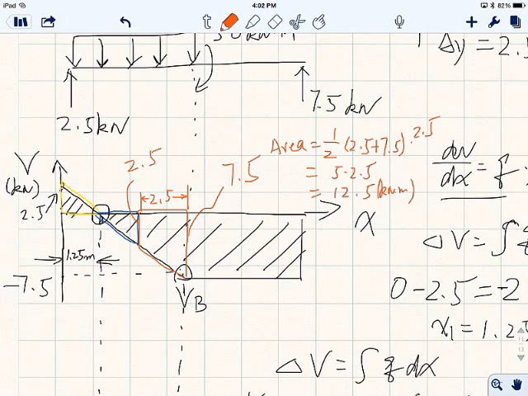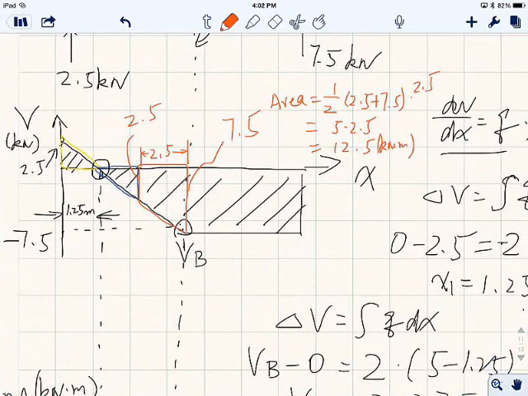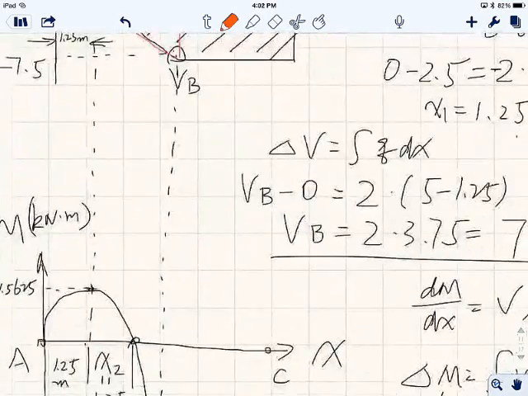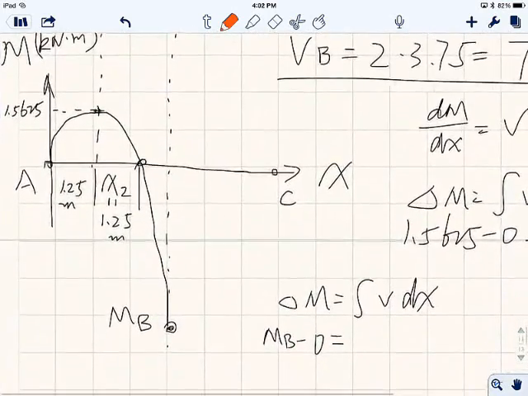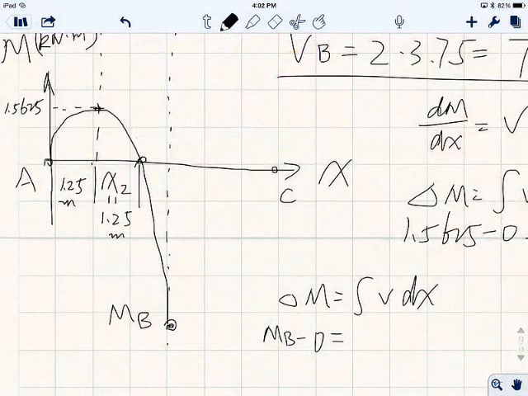Make sense? Right? So this area is 12.5. Okay, so this is negative 12.5. Yes, at this point, right?